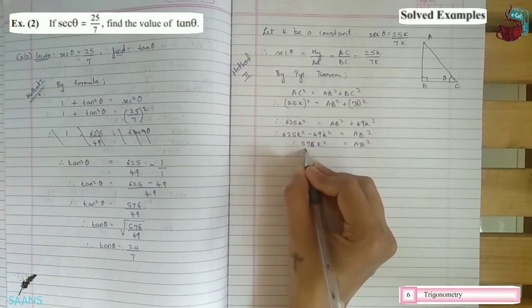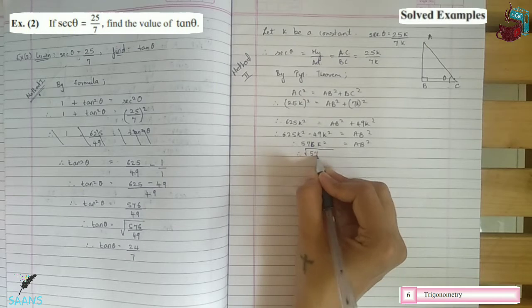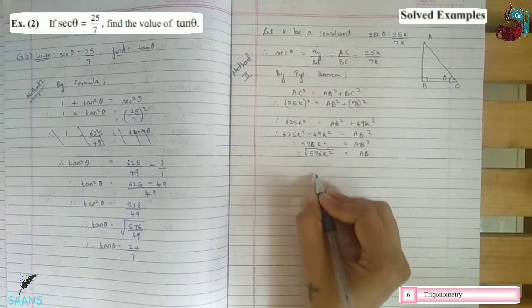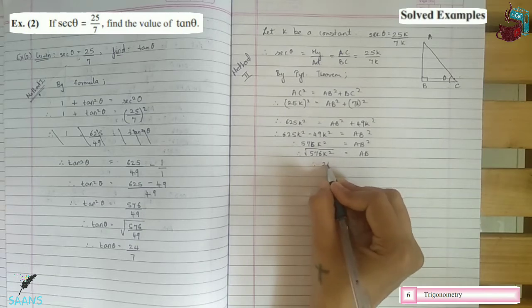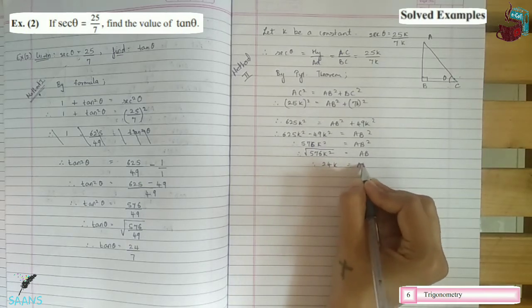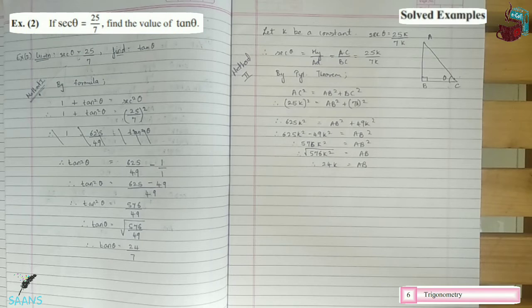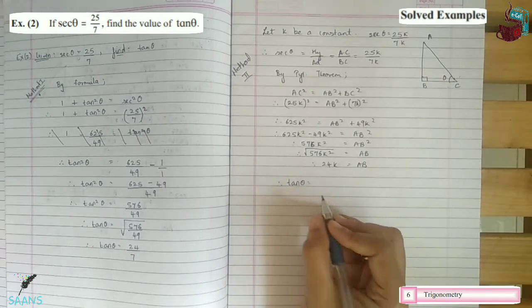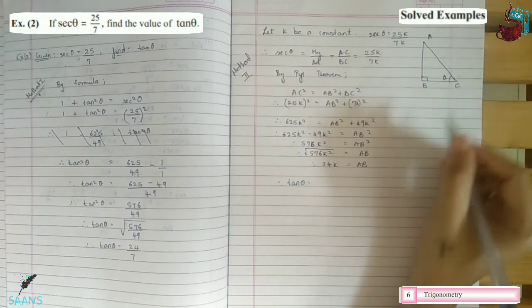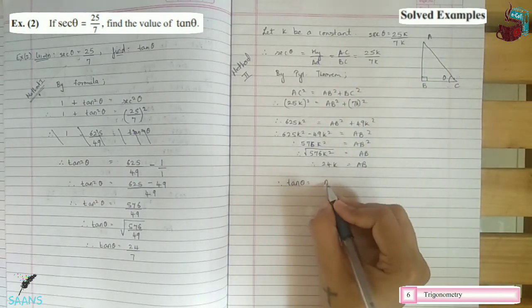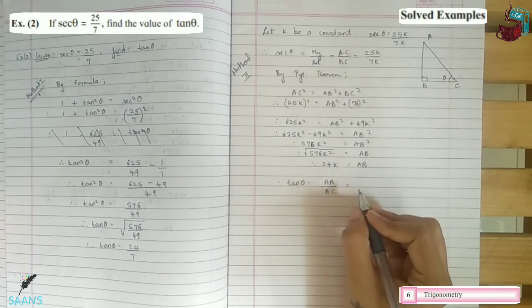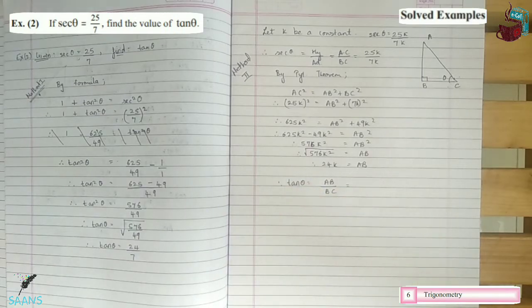Therefore, under root 576k square is equal to AB. Now this becomes 24k is equal to AB. Now, by formula, what do we need to find? Tan theta, which is nothing but opposite upon adjacent. Opposite is AB, adjacent is BC.